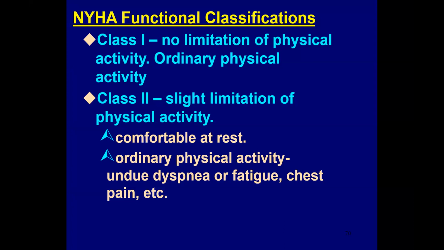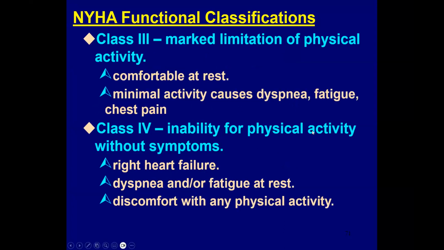Class 3, marked limitation of physical activity. Patient may be comfortable at rest, but minimal activity causes dyspnea, fatigue, chest pain. Class 4 is the inability for physical activity without symptoms. Can't do squat, even squat. They'll have right heart failure, dyspnea, and/or fatigue at rest, and discomfort with any physical activity.